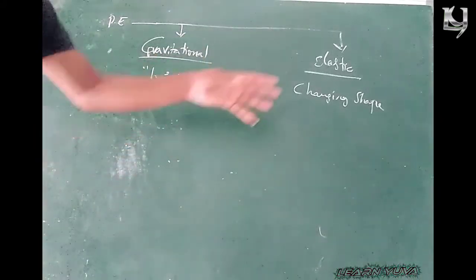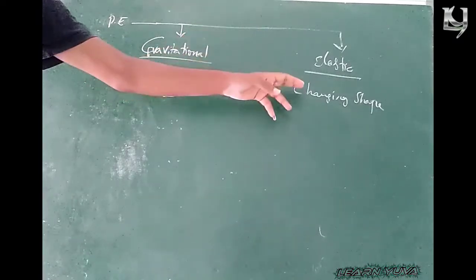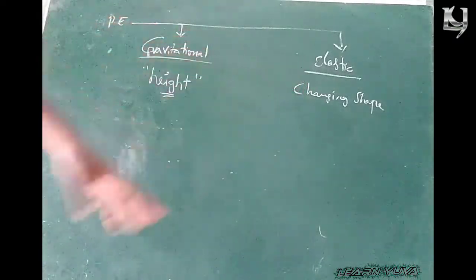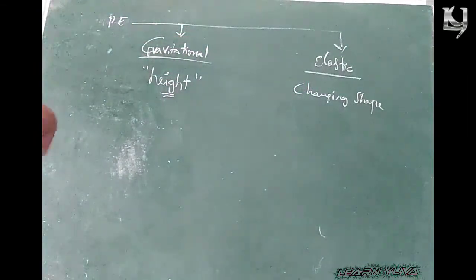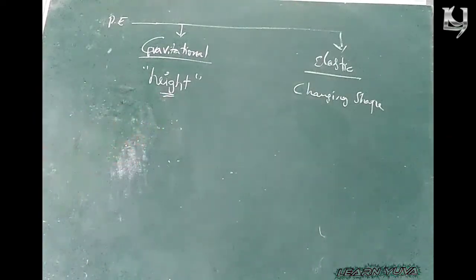Whatever bodies have an elastic nature possess elastic potential energy. Bending, twisting, compressing or stretching any rubber material, all these bodies possess elastic potential energy.